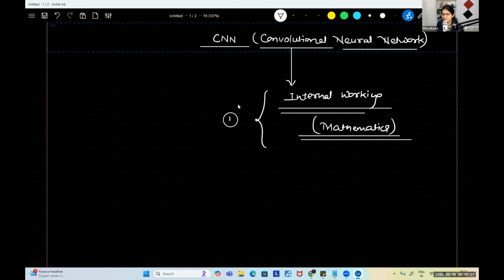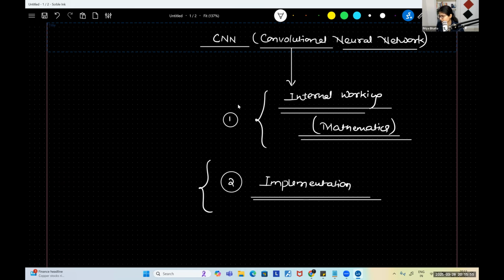Once we understand its internal working, its mathematics, then in the second part of today's discussion, we will focus on implementation. Whatever we have learned above as understanding, we will try to implement the same. And if we are able to accomplish both of these tasks today, it will be of great deal, right? So that's the whole objective. So are you guys ready? Shall we start our discussion?